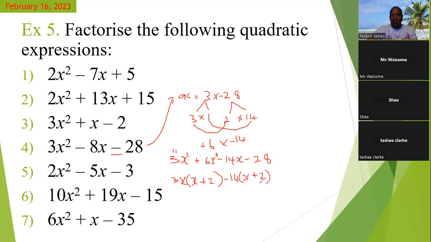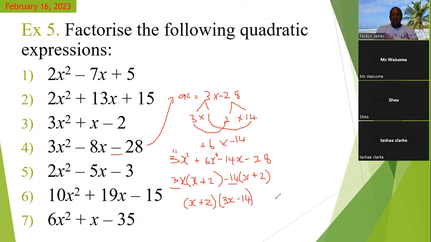And so now these bracketed expressions are common, so we pull out one of them, x plus 2. Then we take what is outside the brackets and put it in the other bracket, so we have 3x minus 14. And so those would be the two factors.